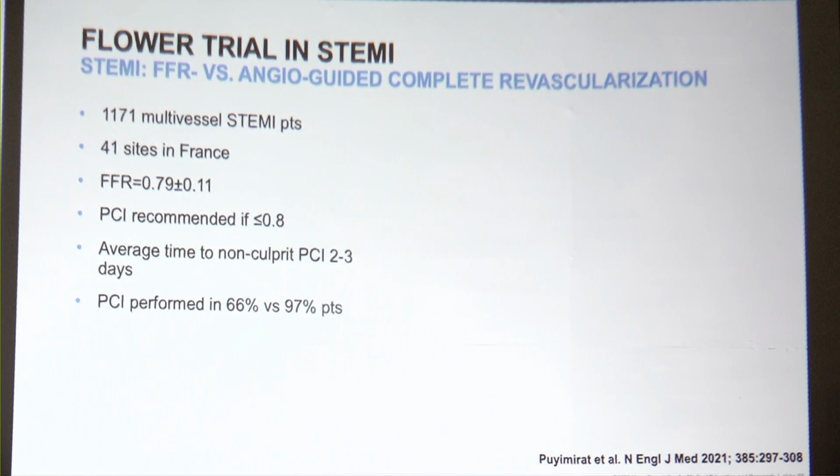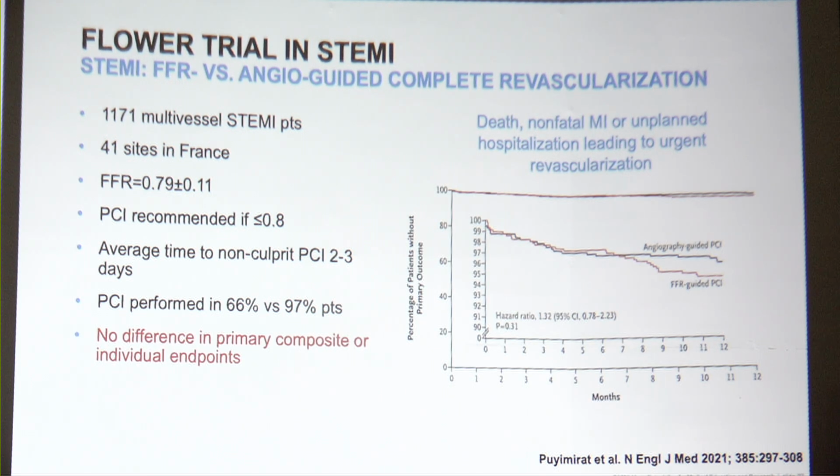So they did primary PCI and then did the randomization of the non-culprit vessel to FFR versus angio, and there was no improvement in outcomes, which is unlike in stable disease, where I just showed you that FFR improves outcomes when compared to angiography guidance.